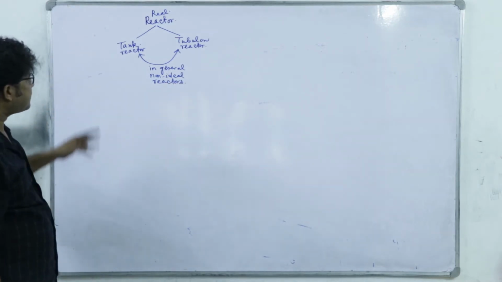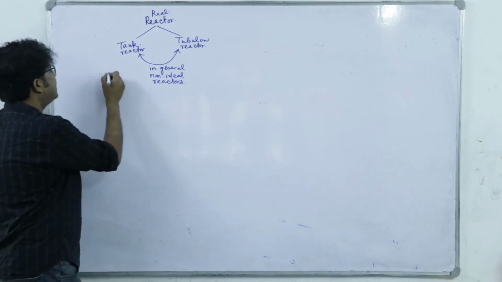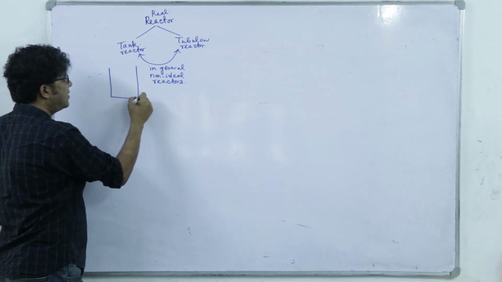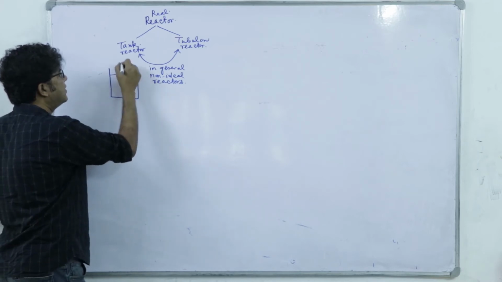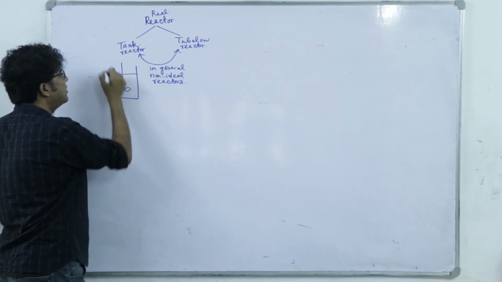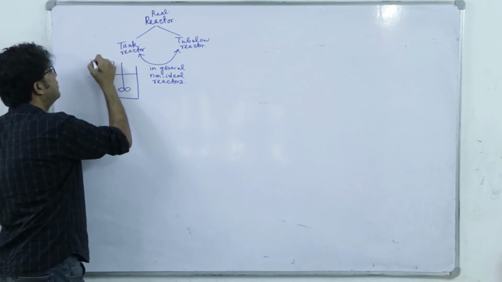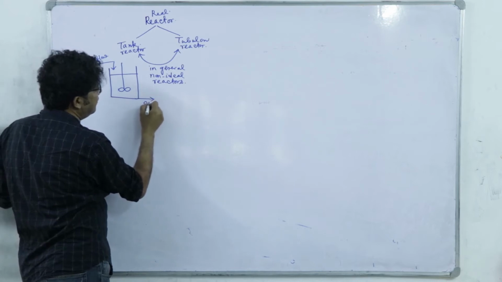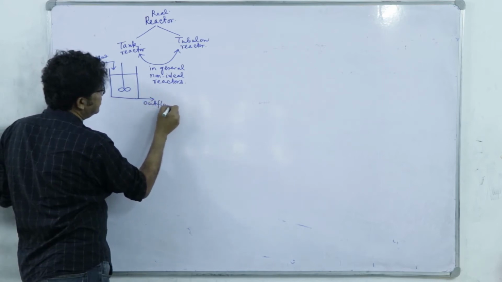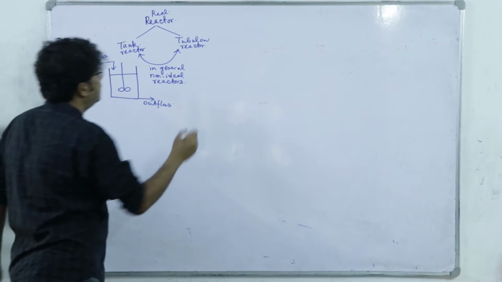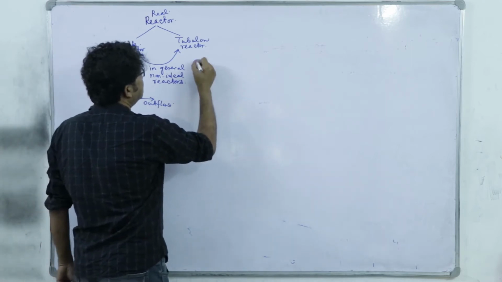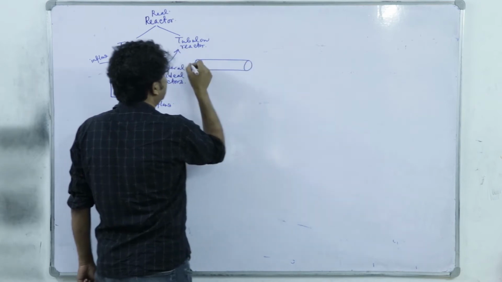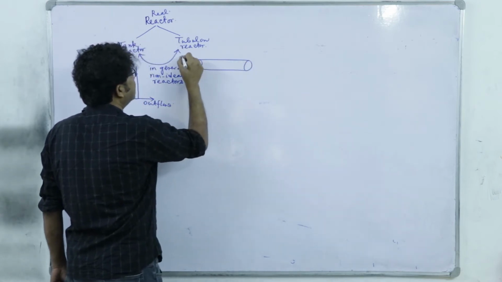So, you see, in a tank reactor what we have? A cylindrical tank fitted with a stirrer, we have inflow and we have outflow, right. Whereas in a tubular reactor, we have tubes mostly loaded with catalyst, may not be loaded with catalyst as well.